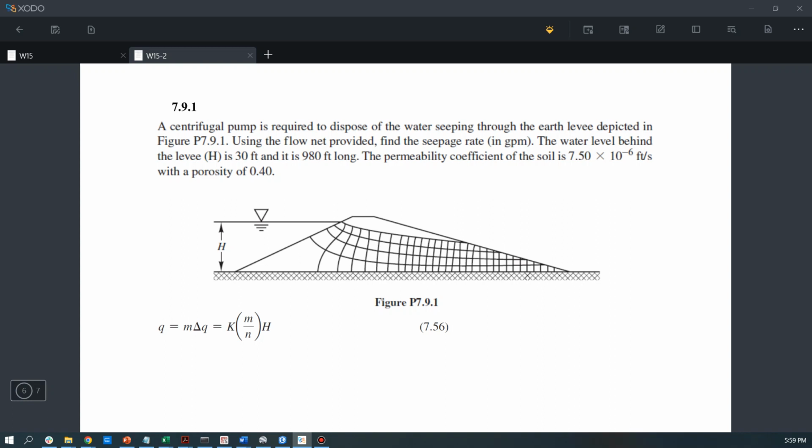And the information that we know according to this problem is that the water level behind the leaf, this H, is 30 feet. And the leaf itself is 980 feet long.